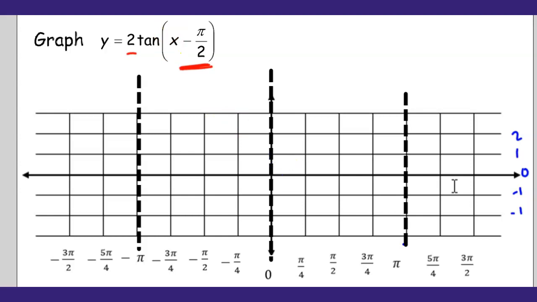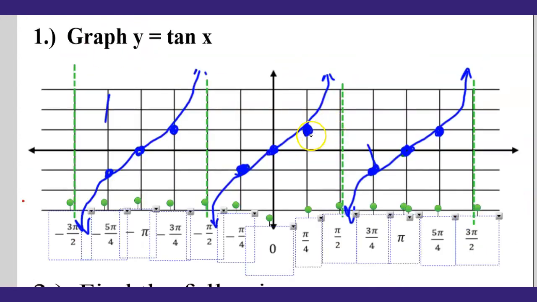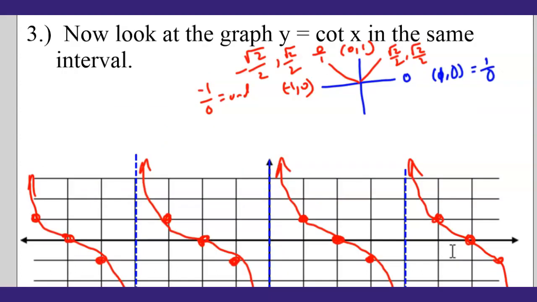Now, all those points have moved over as well, but you have to stretch it by 2. So this point right here, see how this is pi over 4, 1. Well, 1 times 2 is 2, so it's going to move right twice to 3 pi over 4, and then up 1. And this one will move right twice and down 1. So pi over 4, negative 1, and 3 pi over 4, 2.